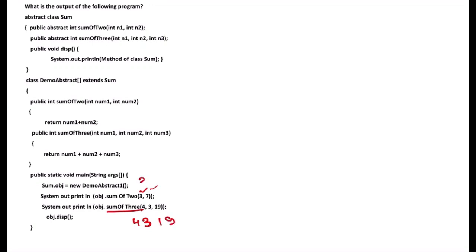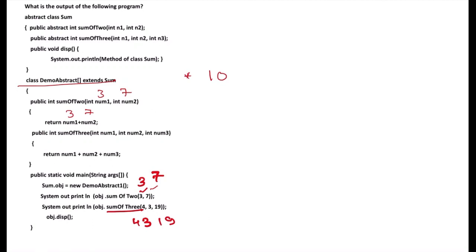When the first function is called, 3 and 7 is passed, and the demo class extends sum, with public int sum of two numbers num1 and num2. This is received here as 3 and 7. 3 plus 7 is returned, that means 10 is returned for the first output.